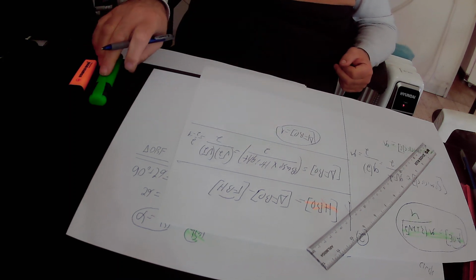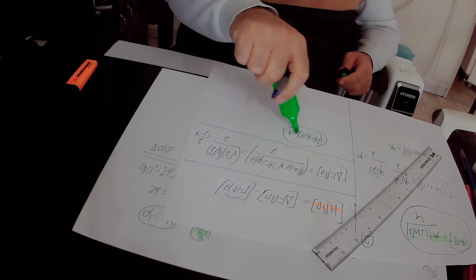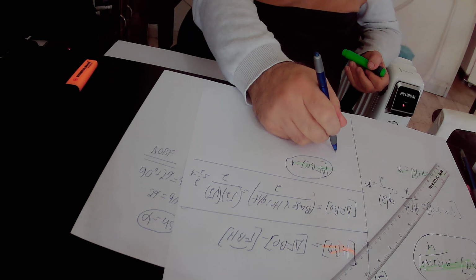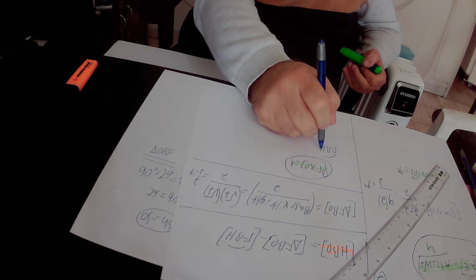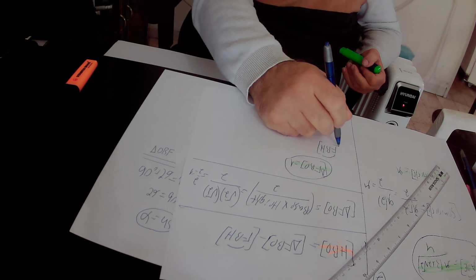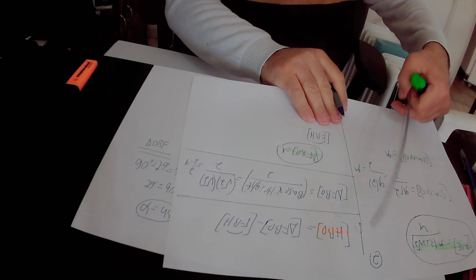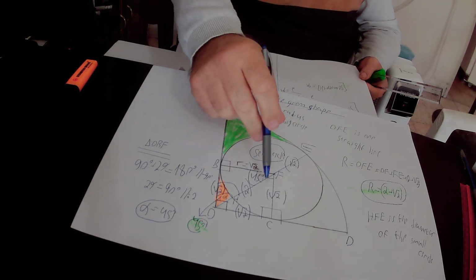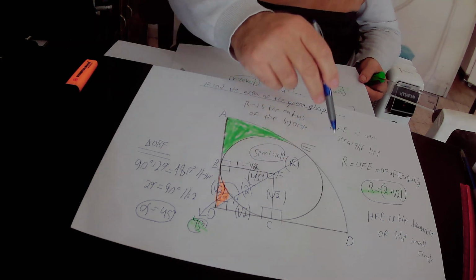In the next step, we find the area of the small sector FBH. What is the area of the small sector FBH? According to the formula that I presented, the small sector is part of this small circle.